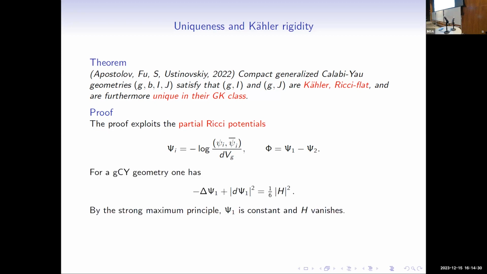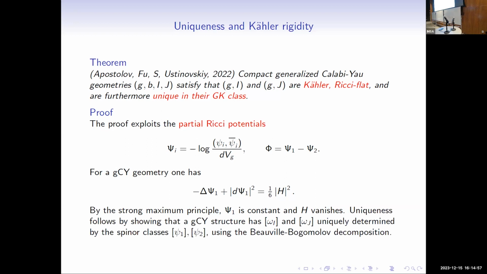And then it turns out that if you have that p is constant, you get the following elliptic PDE for this function psi: minus Laplace psi1 plus norm d psi1 squared is 1/6 norm h squared. This is actually known as a dilaton equation in the string theory literature. In any case, by the strong maximum principle, psi1 is constant, and therefore h vanishes.